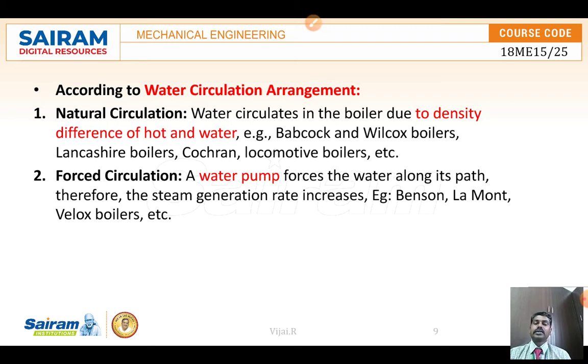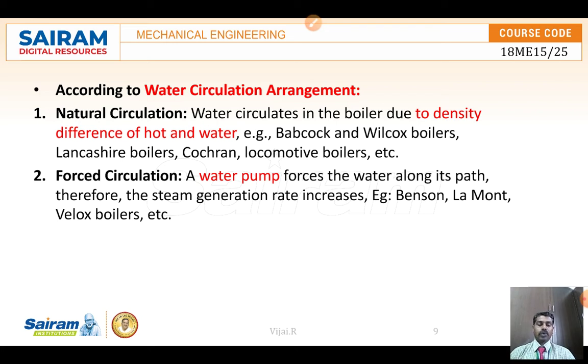The water has to be circulated among the tubes, either with the help of some motors, or it may be due to natural circulation. So based upon the water circulation arrangement, it is either a forced circulation or a natural circulation boiler. A natural circulation boiler circulates the water due to the density difference between hot and cold.